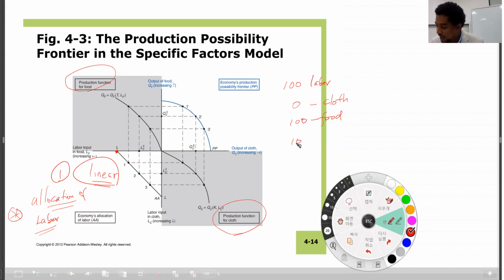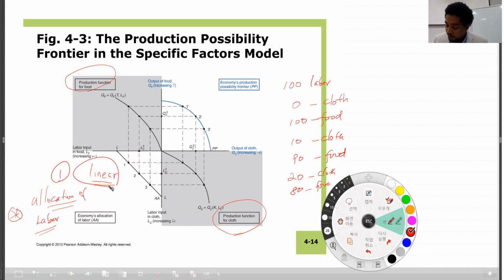When you use 10 labor for clothes, you use 90 labor for food. When you use 20 for clothes, you use the rest, 80, for food. So that gives us this linear relationship between the labor required in food and the labor required in clothes. That's why this linear relationship happens.